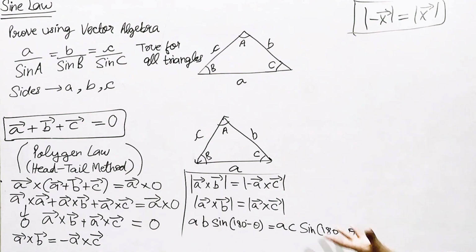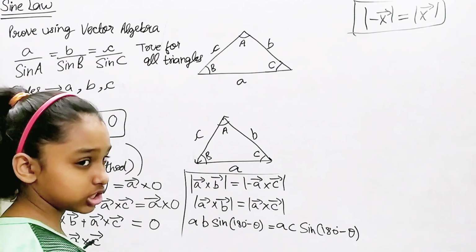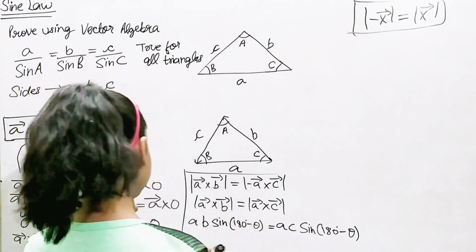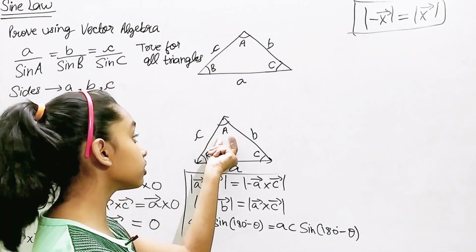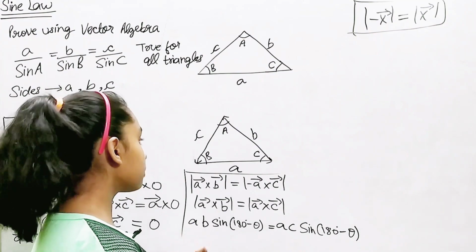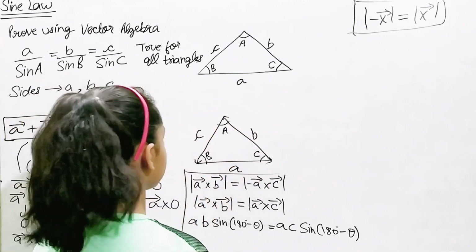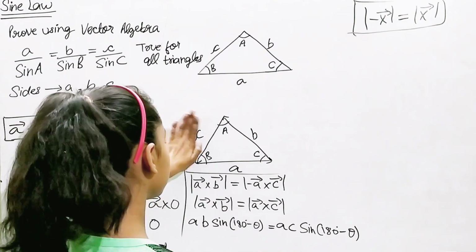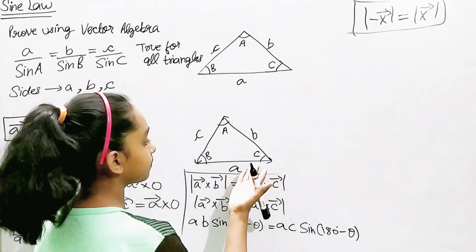Yes? Yeah. So now let me tell you, these angles will be theta, okay? So let us see our AB. Forget about this one, only think about this triangle, and we can see that C is our theta.